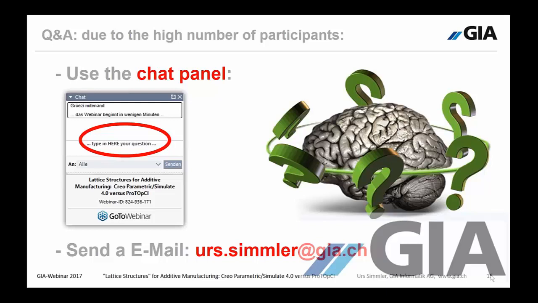There is the first question: can Creo 4 optimize lattice structure by modifying parameters?